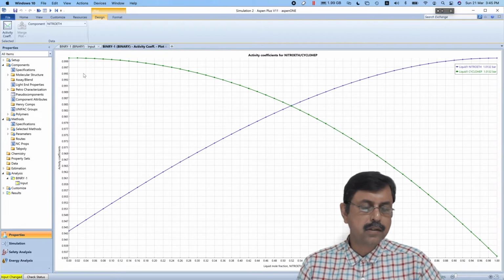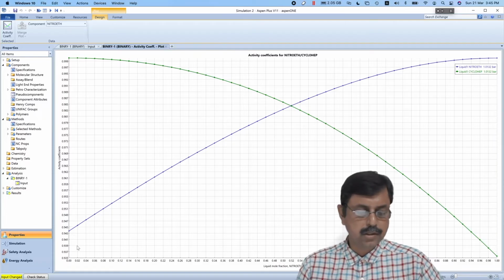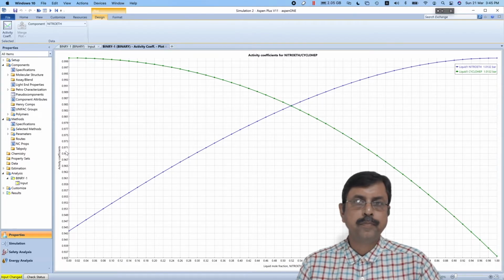Obviously it is not much. The activity coefficient is coming down from 1 to 0.943. So the difference is not much. The scale of the y-axis is very narrow, as if the activity coefficient doesn't change with the mole fraction of nitroethane. Anyway, at least we are getting some change from ideality.